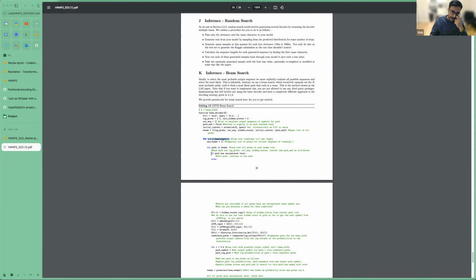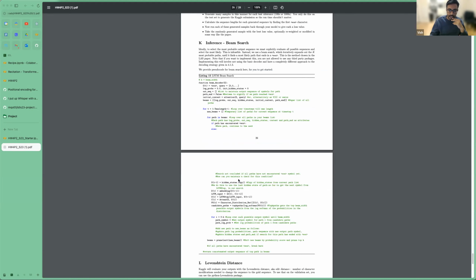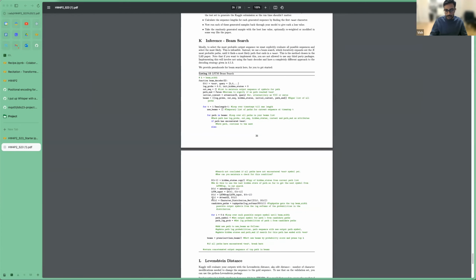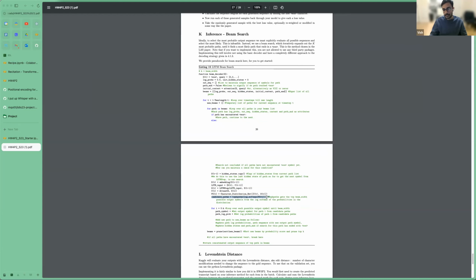And you're going to check if the path has encountered EOS. If it has, you end the sequence there and append it to the list of paths. Otherwise, you're going to get the top k paths at every time step. So you might have decoded one for the first step, one for the second, and when you're at the third time step, you might have 3 different paths, and you're going to get the top k paths.